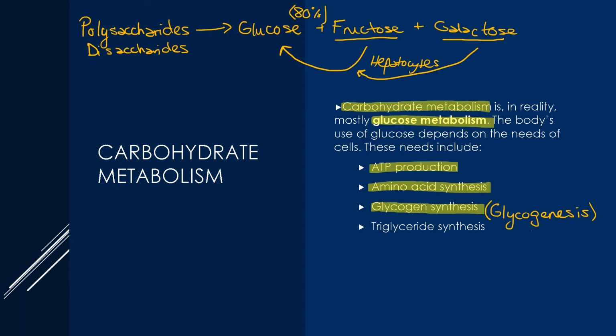So glycogenesis is where glucose molecules are all stacked and combined together to form this really large molecule called glycogen. Glycogen is going to be the stored form of glucose. It's like putting tons of boxes together, and then we call that stack of boxes by another name. Each box would be a glucose molecule, but the stack of boxes is going to be glycogen.